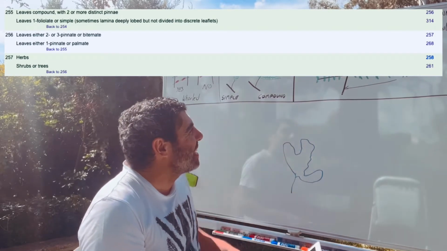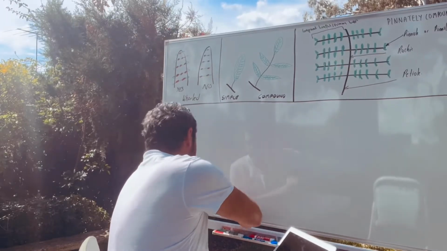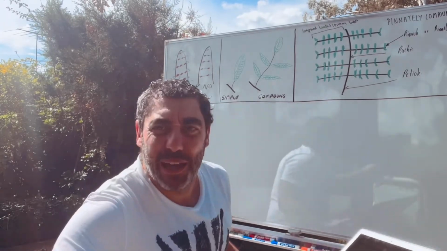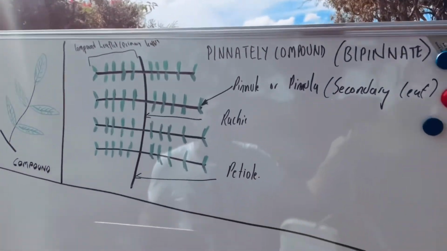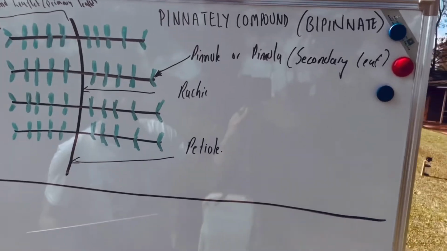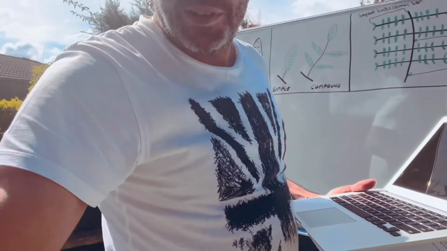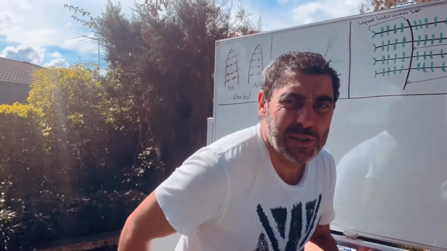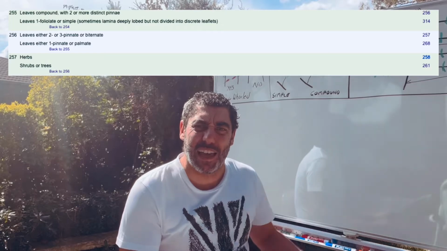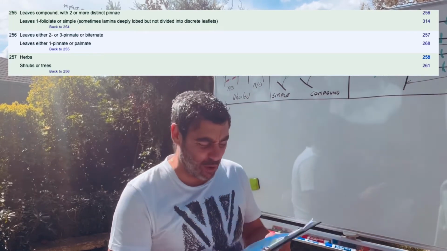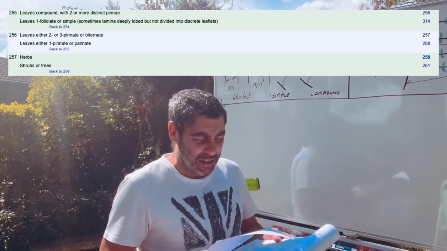So if we go over here, this is a pinnately compound leaf. That's exactly what we have in this example, and I'll ensure that gets put on the post. That diagram is going to help us answer a few more questions in a moment. So that alone helps a lot.